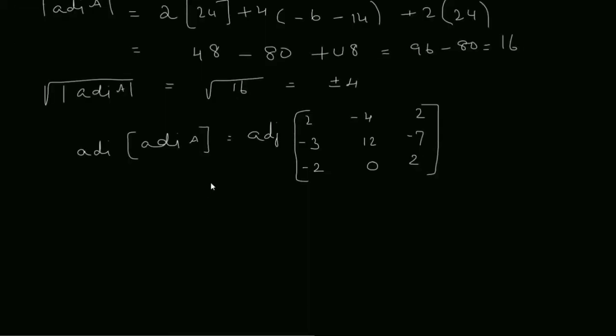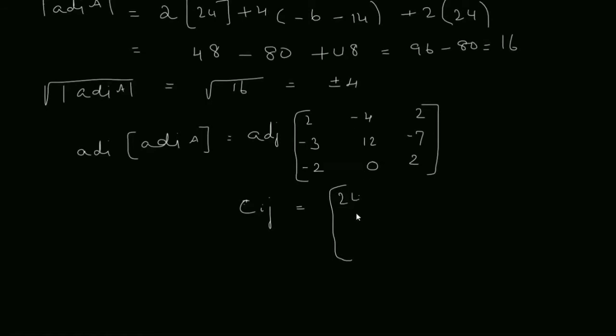So we have to find the cofactor of this. Let us find the cofactor matrix and then take the transpose. The cofactor of each and every element we have to find. Cofactor of 2 is 24, 12 into 2.